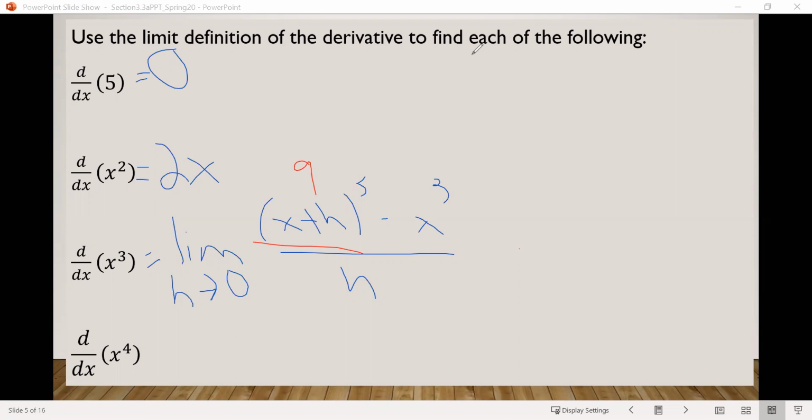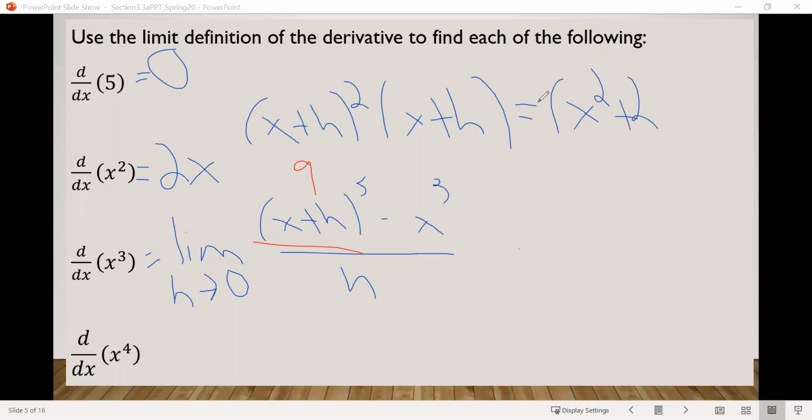I could break this up into (x plus h) squared times (x plus h), because then the (x plus h) squared times (x plus h) gives us (x plus h) to the third. And then we could multiply out that first part. We already know how to do that, so we'd have x squared plus 2xh plus h squared, and we'd multiply that by x plus h. And the way you do that is you just distribute everything from the first one into the second one.